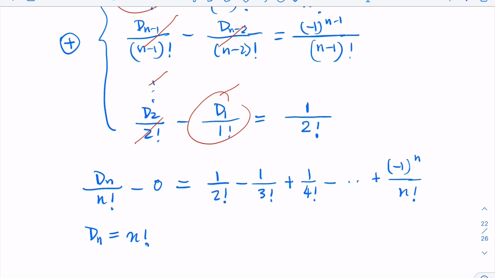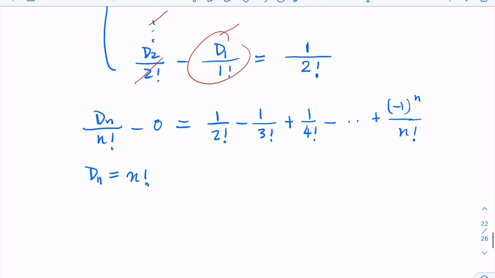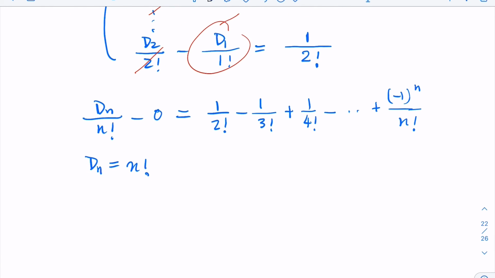So this whole term, if you learned calculus, you may recall the expression, the Taylor series or Maclaurin series for e to the x power, right? So let's review that. So e to the x, yeah.